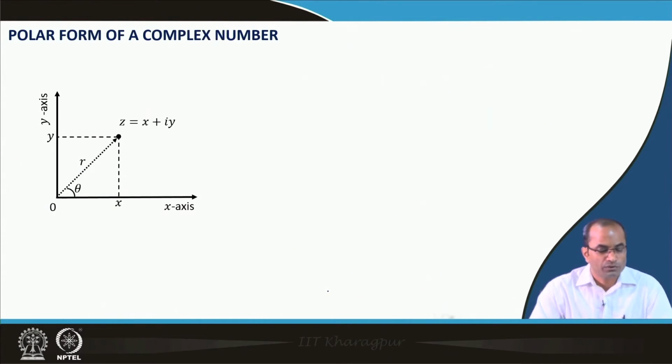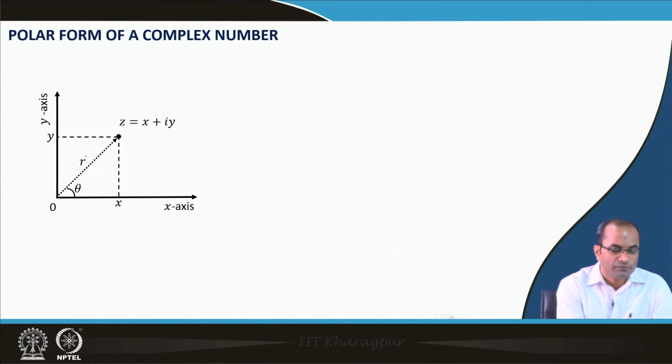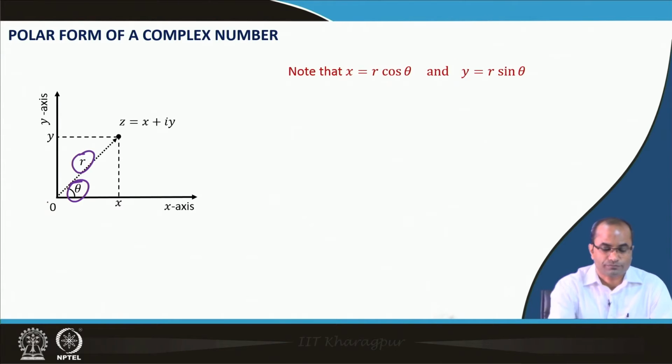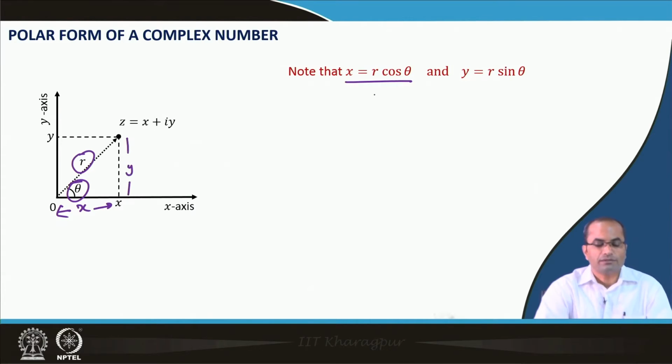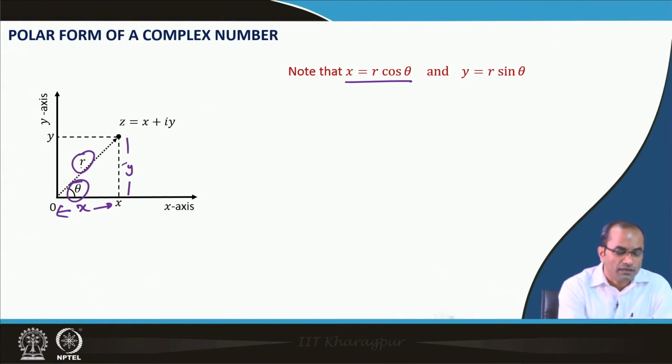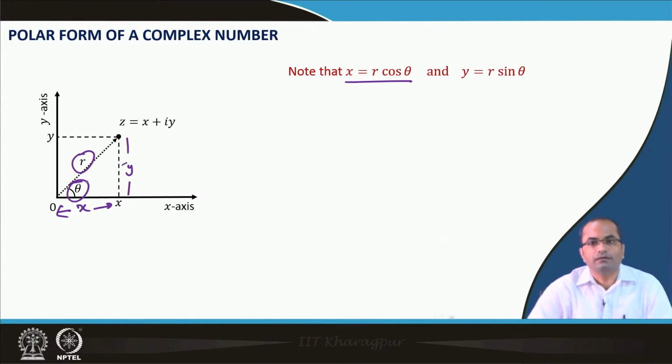Well, so the polar form of a complex number we will define with the help of this argument theta of z. Note that this is the x distance here and this is the y distance. So, we have the relation that x is equal to r cos theta and y is r sin theta. From this triangle we can identify this relation.